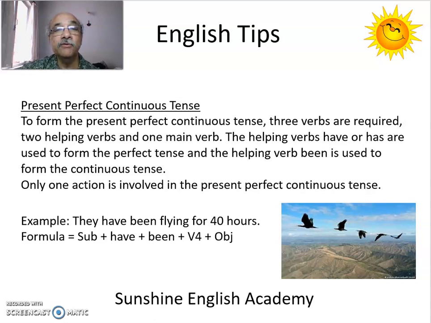So we have the V3 form of be, that is been. And because we have been, the next verb must be in the V4 form to form the continuous tense. So after been, we have the main verb in the V4 or the ing form.